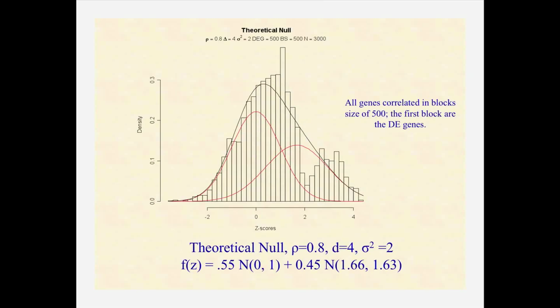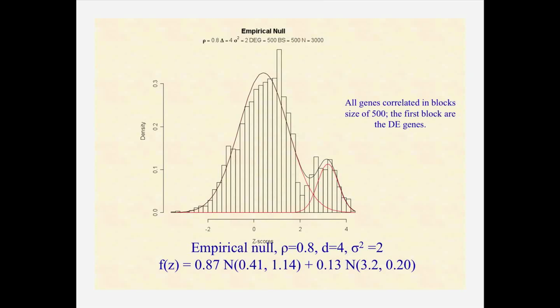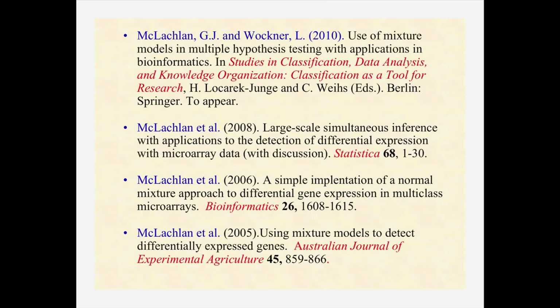But of course, in a simulation experiment, everything looks fine. As for a real data set, we don't really know how the correlated genes are behaving. So, the main reference for what I've been talking about is this paper in Bioinformatics, published in 2006.